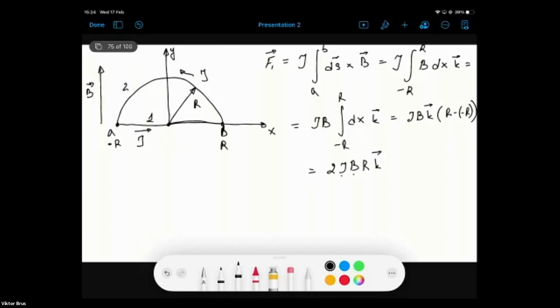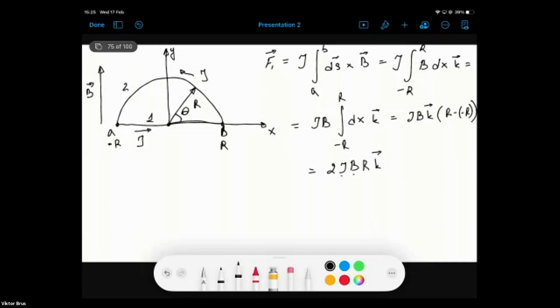And let us proceed further with segment number 2. In this case, since it's a semicircle, it's very convenient to deal with it in the polar system of coordinates. So here we can define some angle theta, like the position of this radius r.